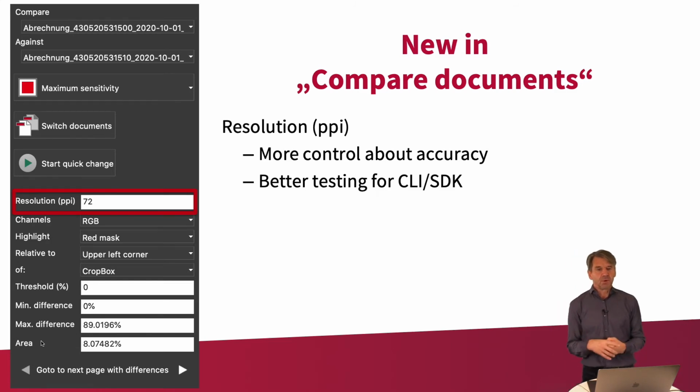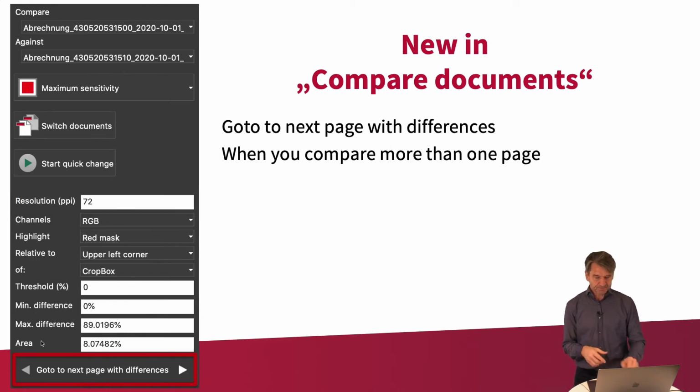I think the most problematic situation was when you wanted to create or just check certain settings in order to use them on the command line or in the SDK. Now it's easier because you can tell the engine what resolution to use. A very nice thing, I think, is at the bottom here, you have a new indicator, go to next page with differences, and that exactly does what it tells you, and I will show you that in a second.